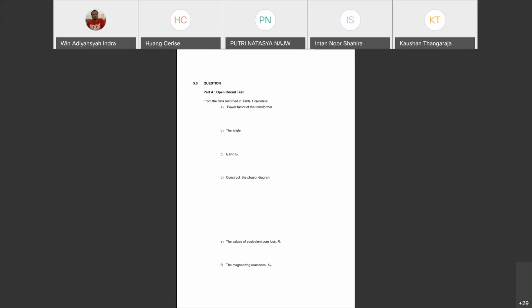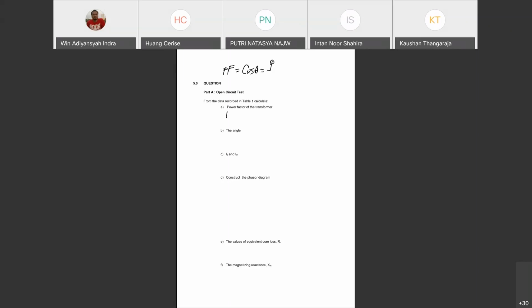So power factor. If you see the slide of power factor, the formula equals cos theta, right?